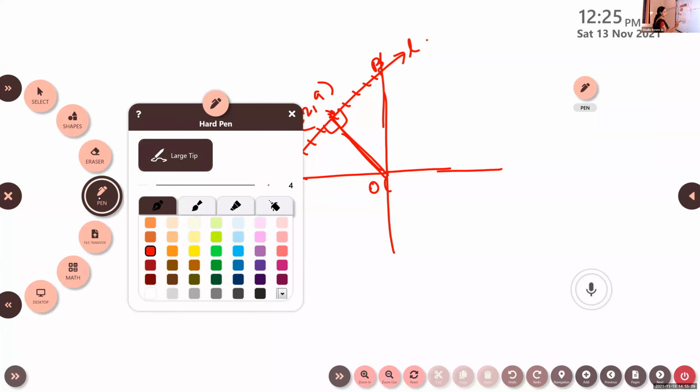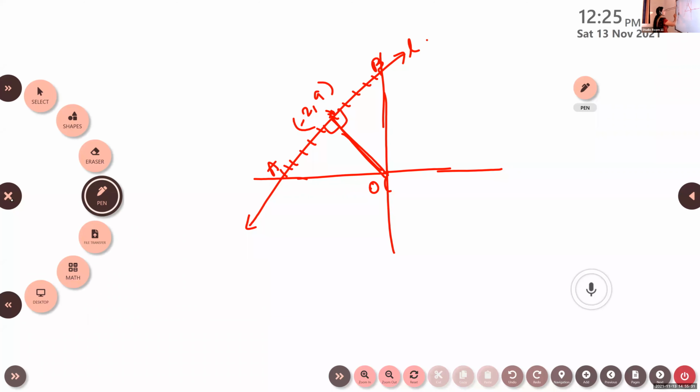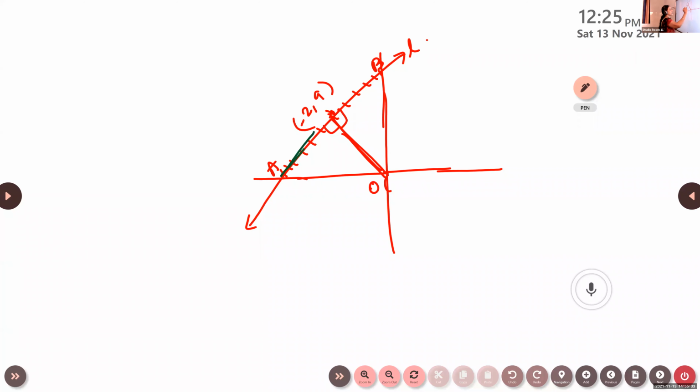For this line, one point is given, which is that point, x1, y1 is minus 2, 9. If one point is given, either we need one more point or we need the slope, isn't it? One more point is not given. Is it possible to find the slope?